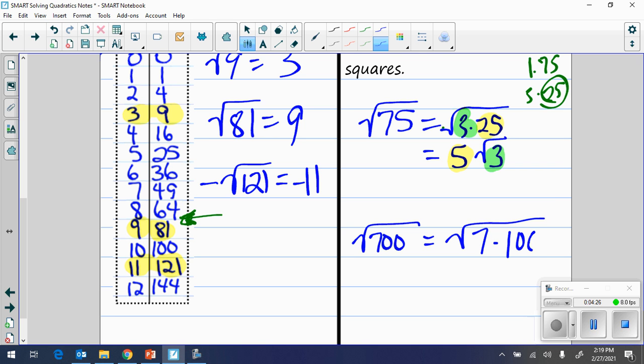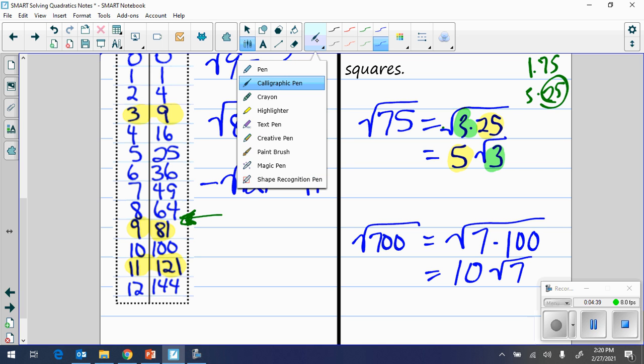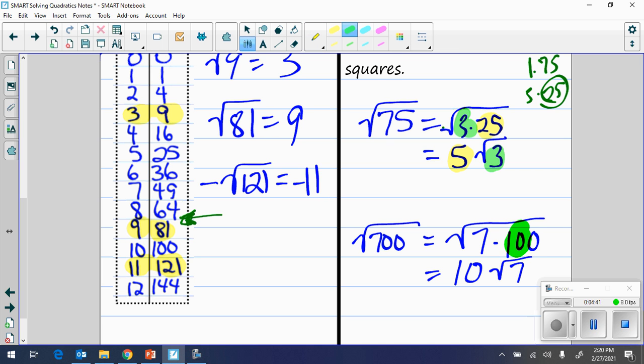If I do 7 times 100, that's going to be a perfect square. The square root of 100 is 10. The square root of 7 is the square root of 7. I can't do anything with that. So again, I'm trying to break it down and look for perfect squares that can be written as one of the factors, and then I can take the square root of that.